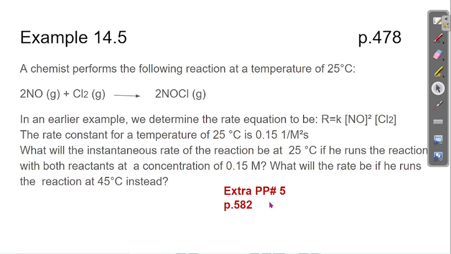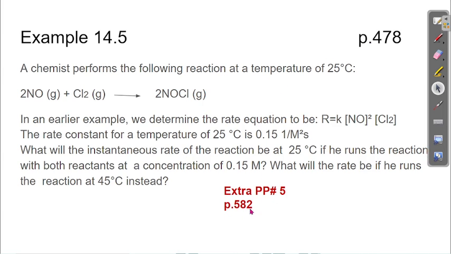Then I want you to go to page 582 and try extra practice problem number 5. I'll give you the answer, and of course, if you have it, you got it, move on. If not, check to see how it's done. Okay, let me read it. A chemist runs a chemical reaction at 25 degrees and decides that it proceeds far too slowly. As a result, he decides that the reaction rate must be increased by a factor of 8.